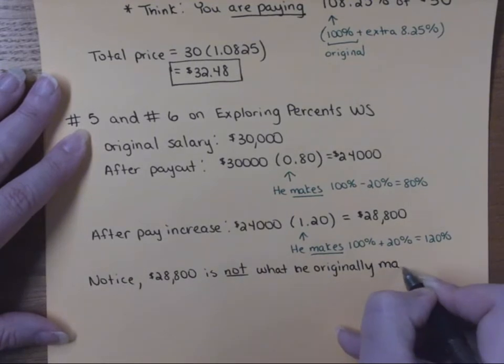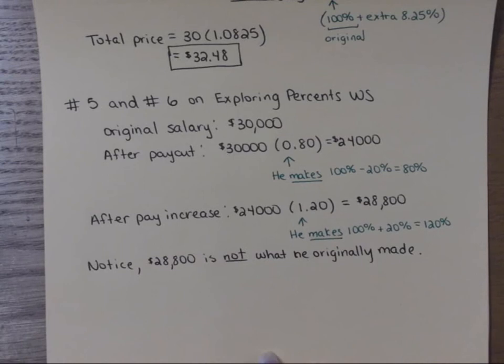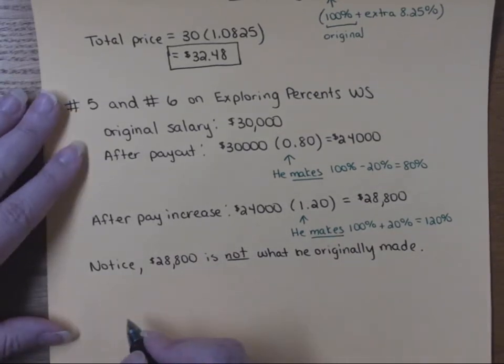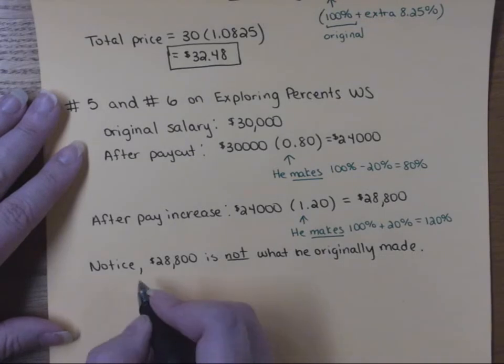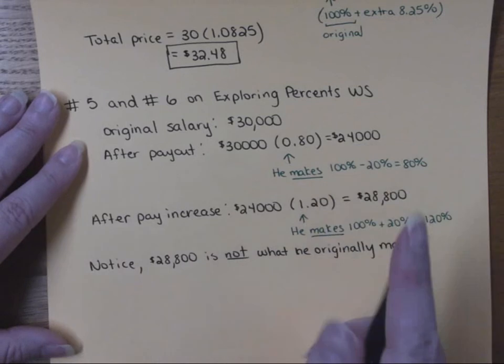So the question is, why didn't the pay cut followed by the pay increase, since it was the same percentage, why didn't it come out to be the same? Okay, and it's because basically we're taking percentages of smaller amounts here, right?